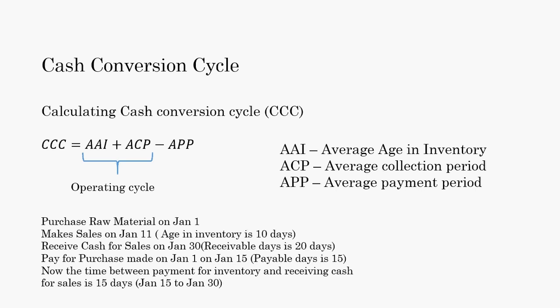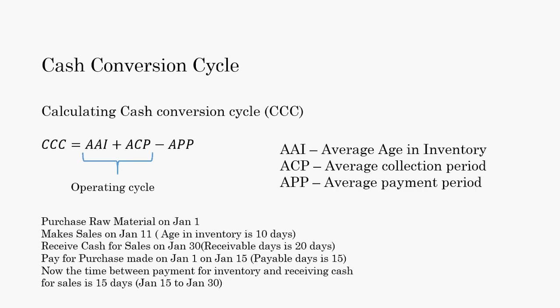Let's also assume that you made the purchase on Jan 1, but you make the payment only on Jan 15th, which means that your payable days is 15. So the time between the payment for your purchase and the cash received for your sales is 15 days.